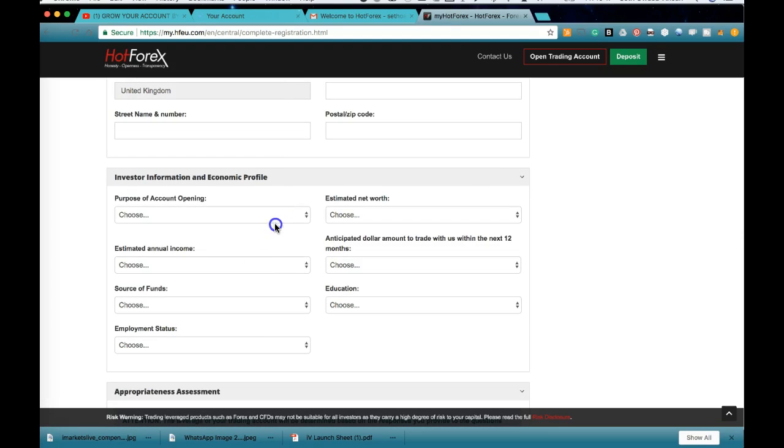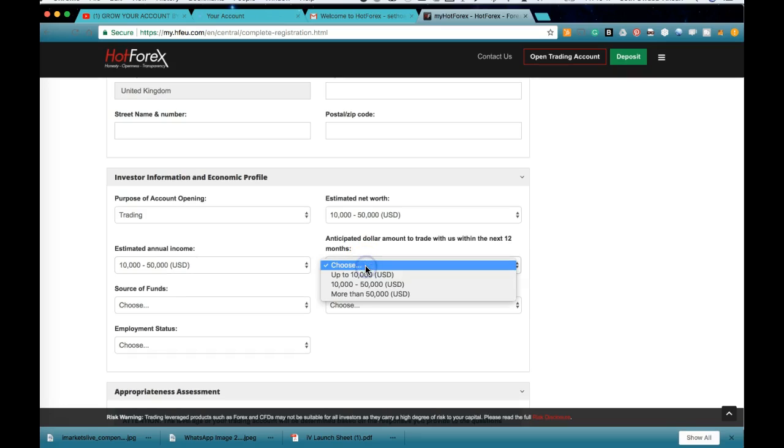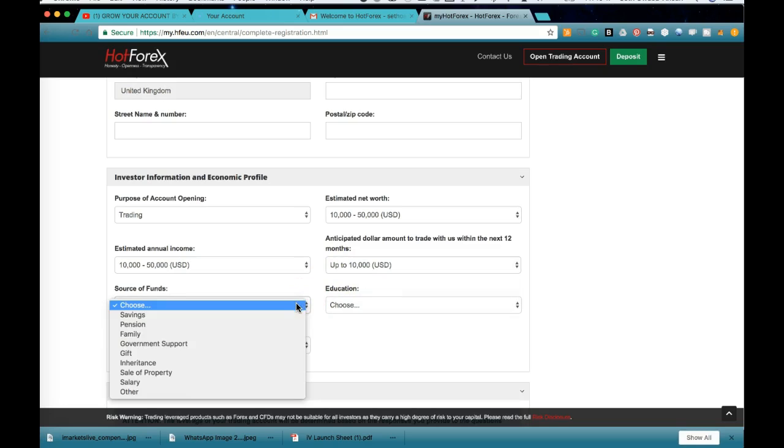So the purpose of your account would be for trading, your estimated net worth, your estimated annual income, anticipated dollar amount to trade with within the next 12 months. So how much roughly do you reckon over the next year or so you'll be depositing into your HotForex account, where those funds are coming from.